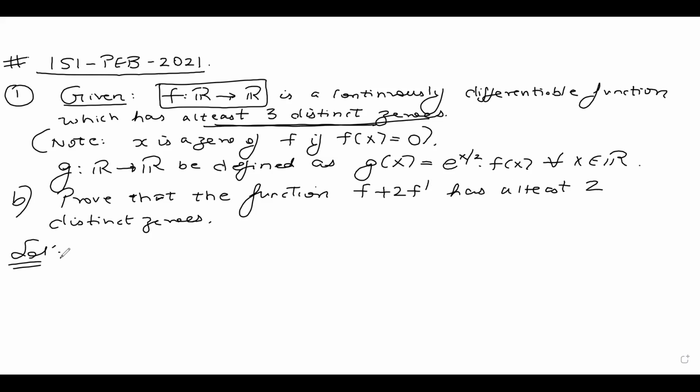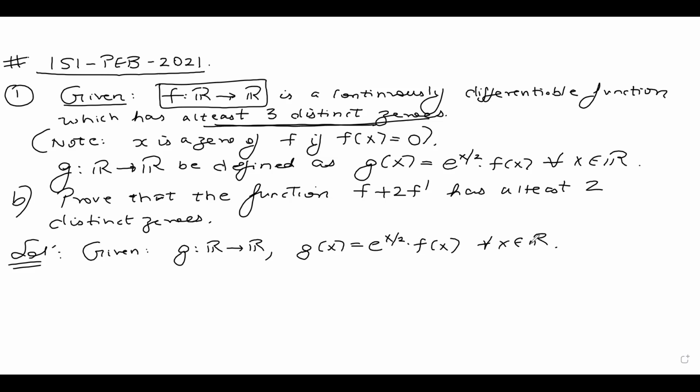Okay. Now, somehow I need to first of all get f plus 2f dash. And we are given the function g. Let's differentiate the function g and let's see what we get. We were given that g is the function which maps R to R, and g of x is e to the power x by 2 times f of x for all x belonging to real numbers.